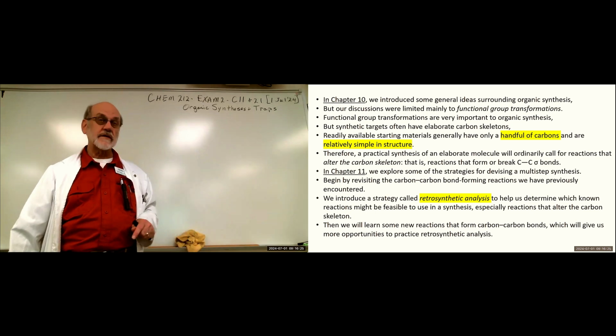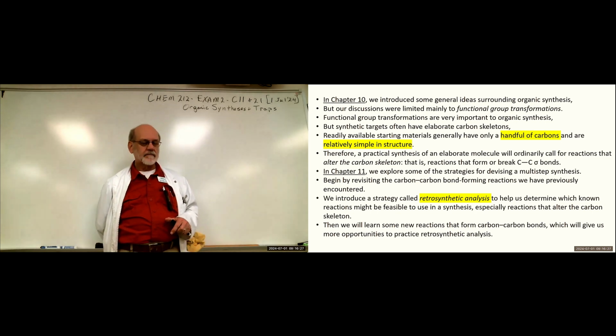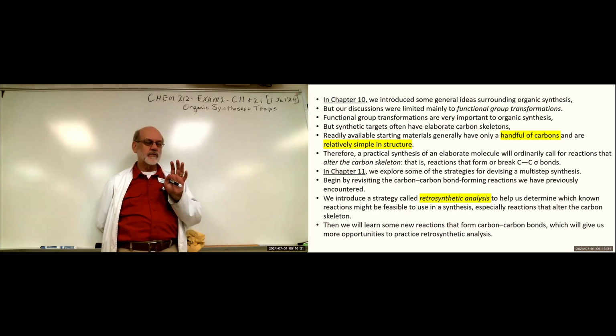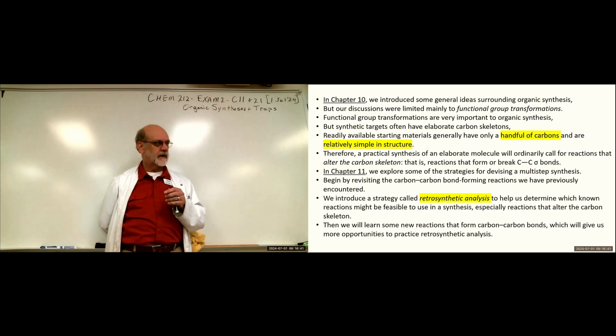That's one of the reasons that once we get through chapter 11, and there are a lot of new reactions proposed in chapter 11, we get to chapter 21, we've actually skipped over well, 9 chapters.